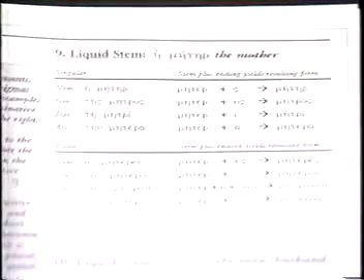So here is an example of a liquid stem, the word for father, pater. Turn the page to 2-14. We see number 9, another liquid stem example, the word for mother, meter. Number 10, another example of a liquid stem, the word for man or husband, aner.